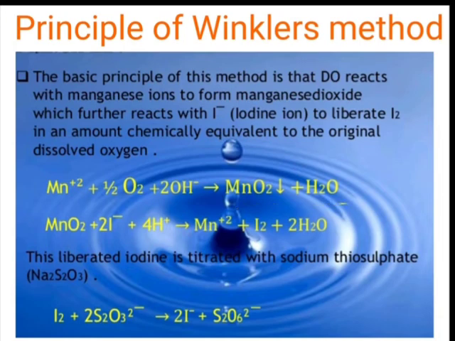After that, this precipitate of manganese dioxide further reacts with the iodide ion, that is 2I minus, and it forms Mn2+, and iodine is liberated.